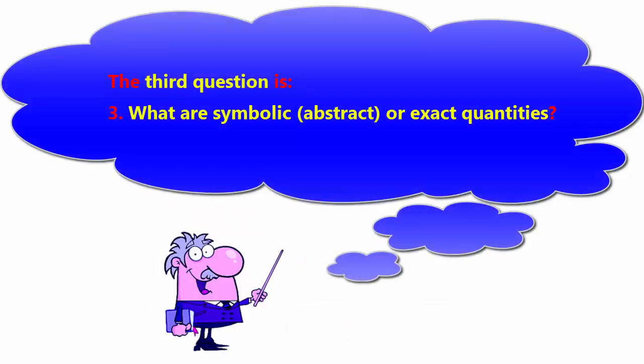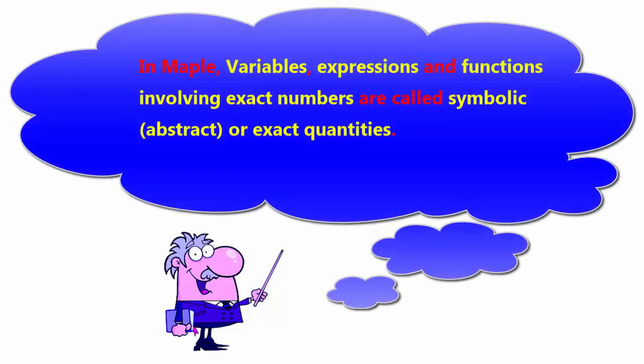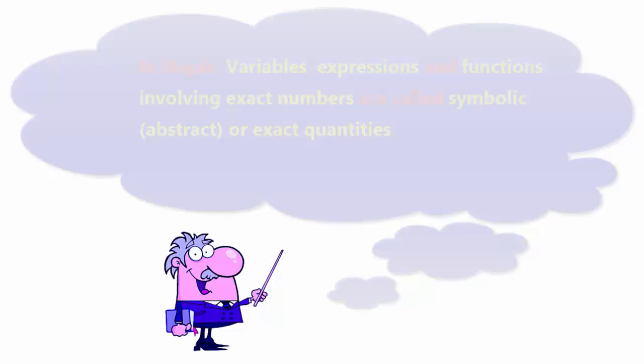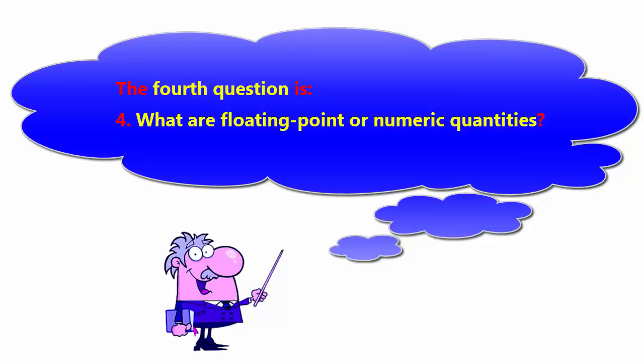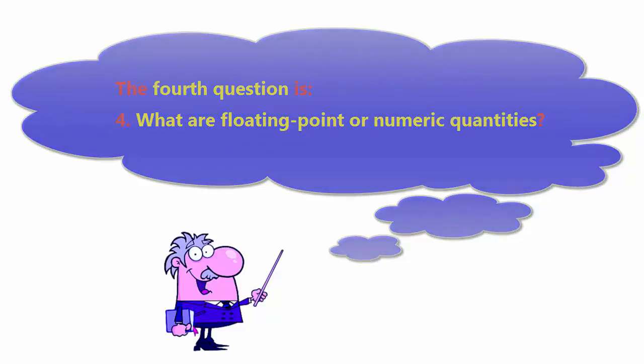The third question is: what are symbolic, abstract, or exact quantities? In Maple, variables, expressions and functions involving exact numbers are called symbolic, abstract, or exact quantities. The fourth question is: what are floating point, or numeric quantities?